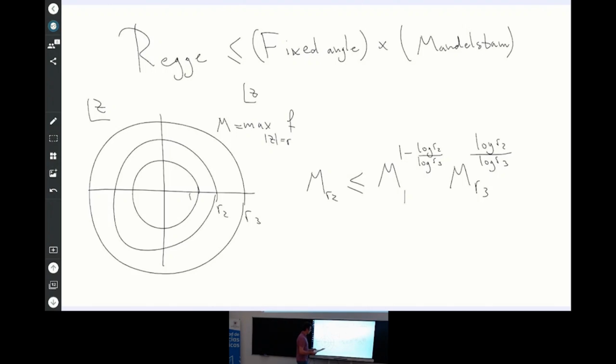And then what you do is you just do a complex transformation which maps these circles: one circle mapped to fixed angles, the second mapped to the Regge limit, and the third mapped to the Mandelstam.